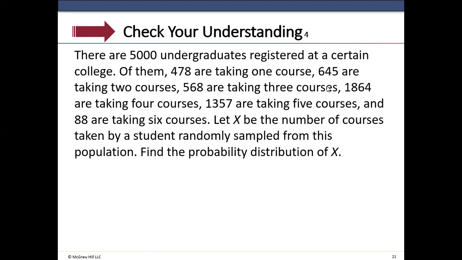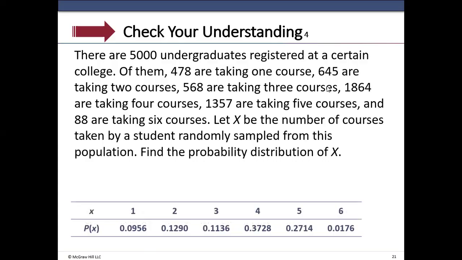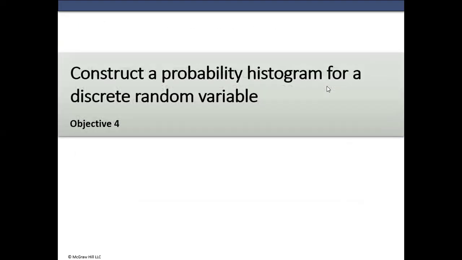When X is 2, the probability of X equal to 2 is 645 divided by 5,000. How about the probability of X equal to 6? It is 88 divided by 5,000. So these are the values that you get by taking the number of students in each category of courses. One course, for example, is 478 divided by the total 5,000, which gives you 0.0956.